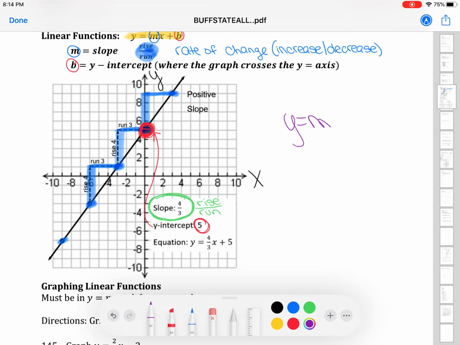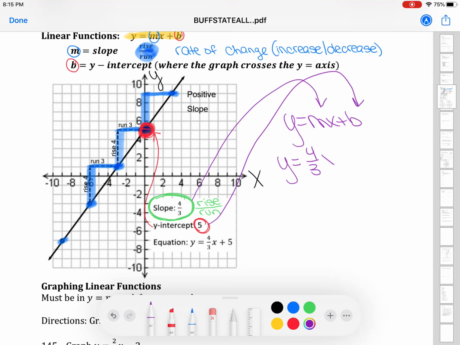So if you take those two numbers, you have your y equals mx plus b format, but your slope is 4/3 and your y-intercept is 5. That'll create my equation y equals 4/3 x plus 5, which you'll also see written right here.